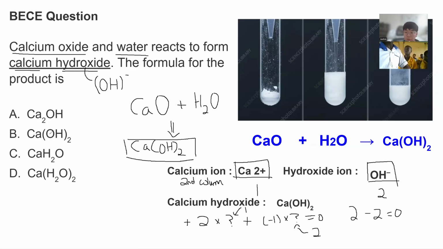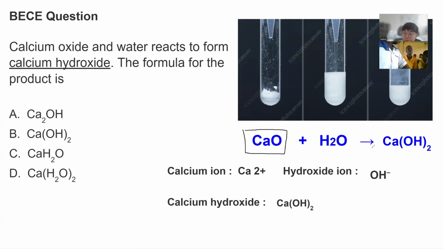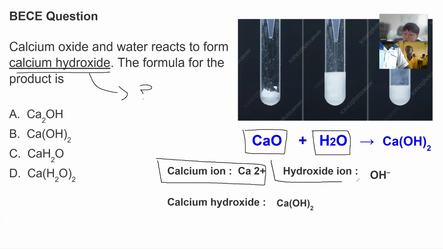Okay, let me repeat this once again. We know calcium oxide is CaO. Water is H2O. And it forms calcium hydroxide. What is calcium hydroxide? It is calcium ion plus hydroxide ion.